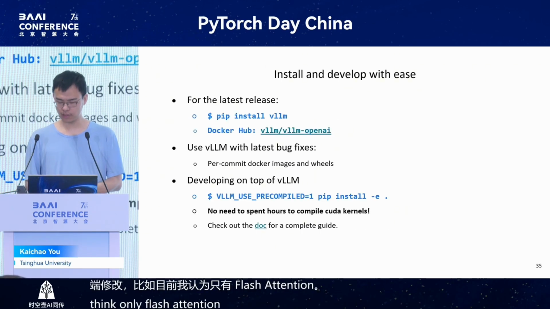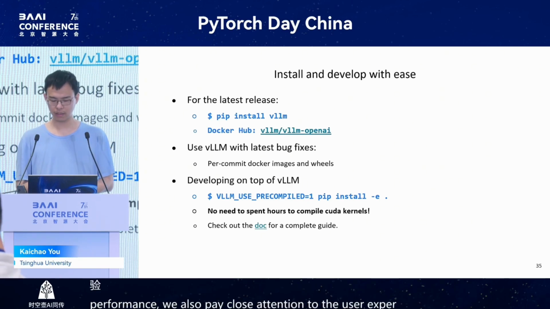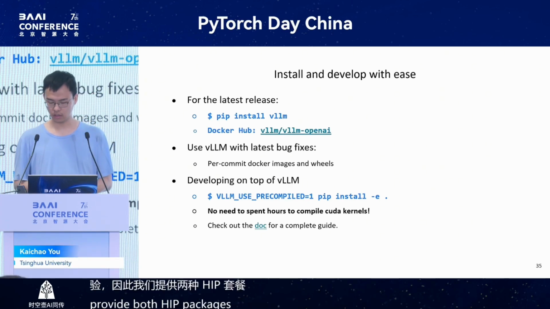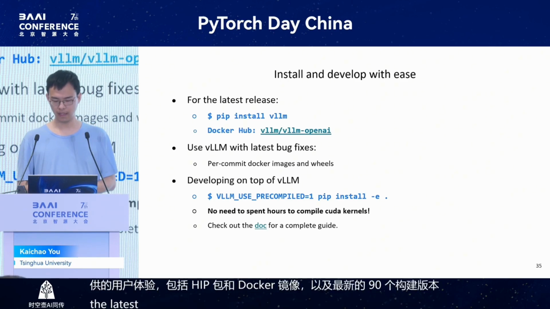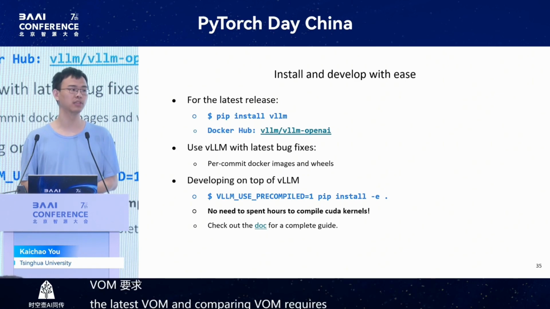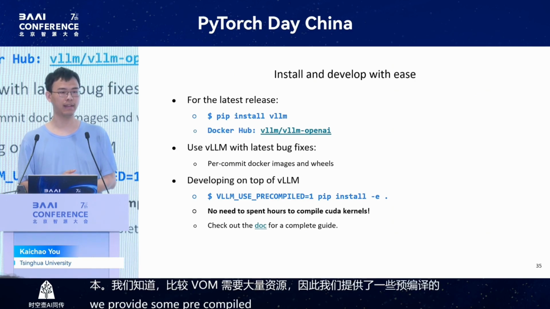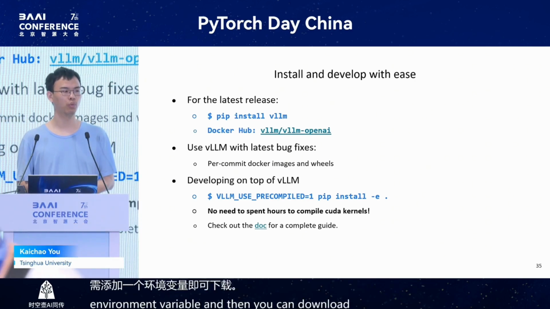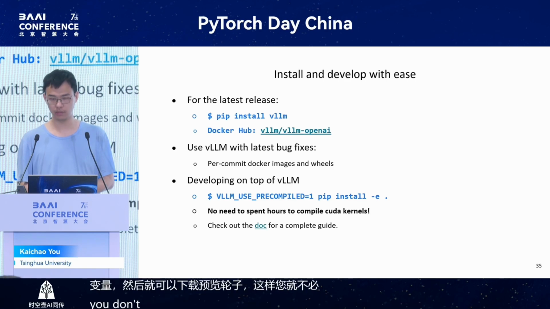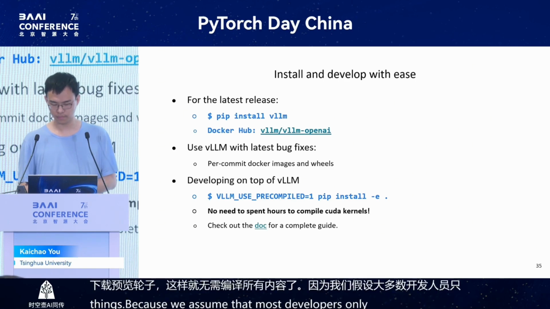And besides performance, we also pay close attention to the user experience. So we provide both PyPI packages and Docker images, and also nightly build versions for the latest vLLM. And compiling vLLM requires a lot of resources, we know. So we provide pre-compiled wheels so that you only need to add one environment variable, and then you can download the pre-built wheels so that you don't need to compile everything, because we assume that most developers only touch the Python code.